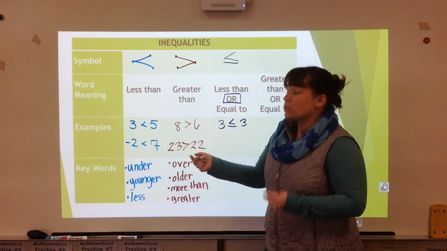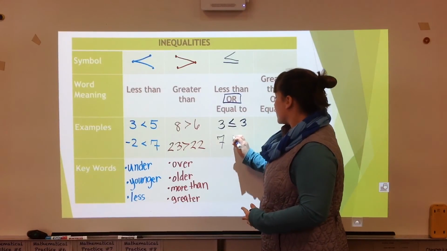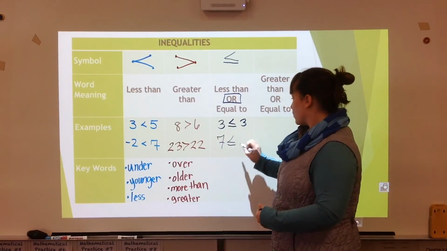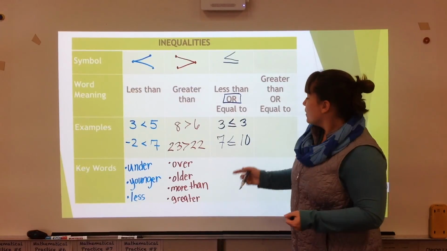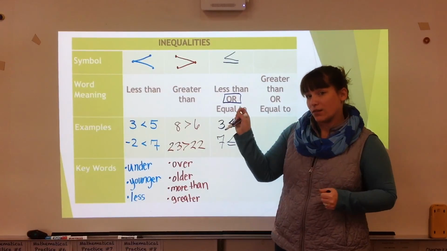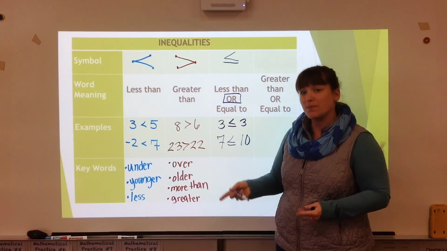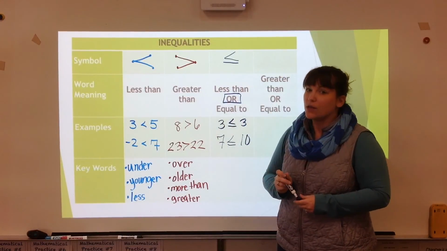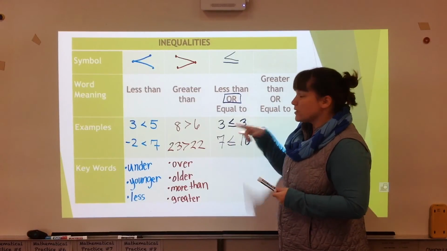Again, like less than, we could have a number, and I want you to write this one down too, like 7 being less than or equal to 10. In this case, it happens to just be less than. So it opens up the possibility, using this less than or equal to, to have the numbers be the same, and we could use this symbol, and it still is considered an inequality, even though technically this is equal.